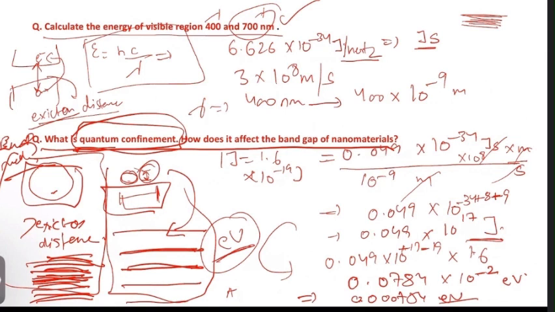C, the speed of light, is 3 into 10 to the power of 8. And this is lambda in nanometers. Because all the units are in standard SI units, meter and joule, I have to convert to meters. Yes, it is a simple calculation. I have given you the H value, you know the C value, and I have given you the lambda value. Simple multiplication and division.